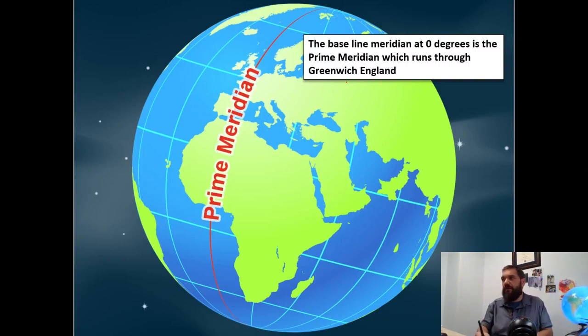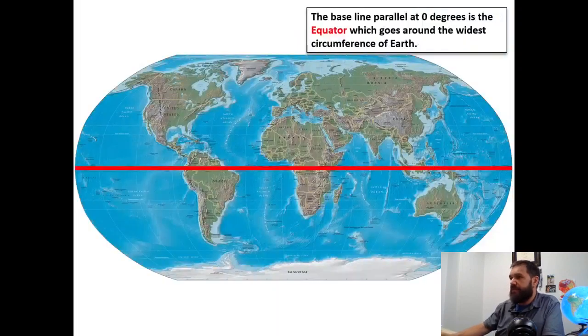So you can see it going right here, goes through Greenwich, England, right? Which is very close to London, and it passes through Africa, okay, West Africa, passes through France and parts of Europe. Okay, so there's the prime meridian. Prime meridian is the 0 degree meridian.